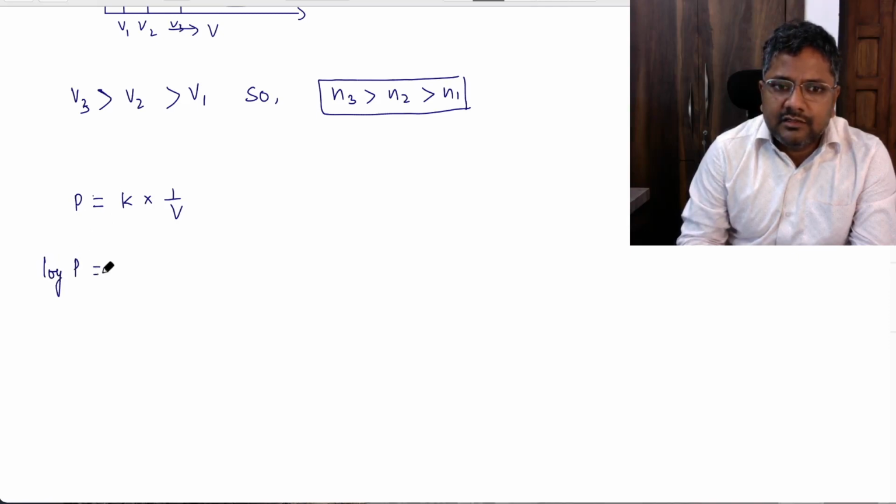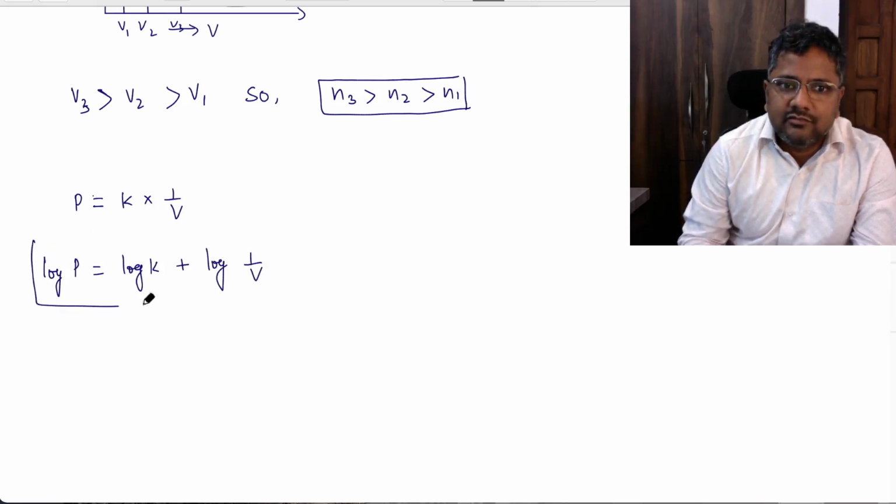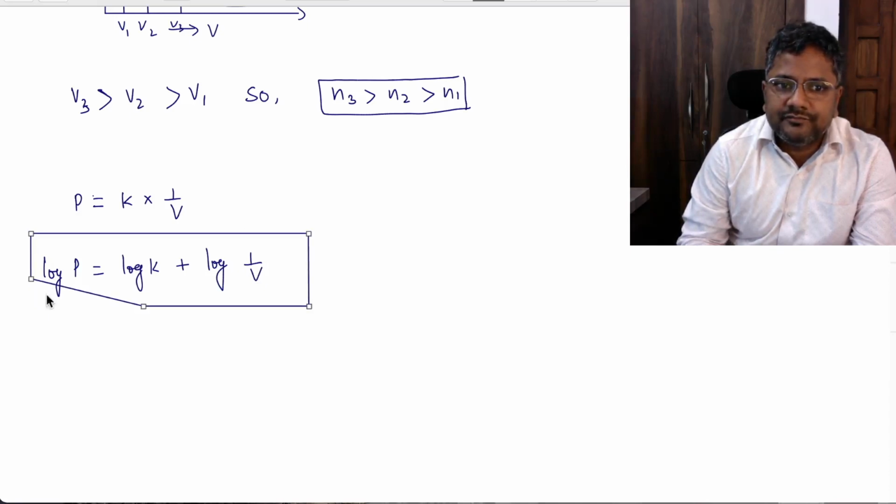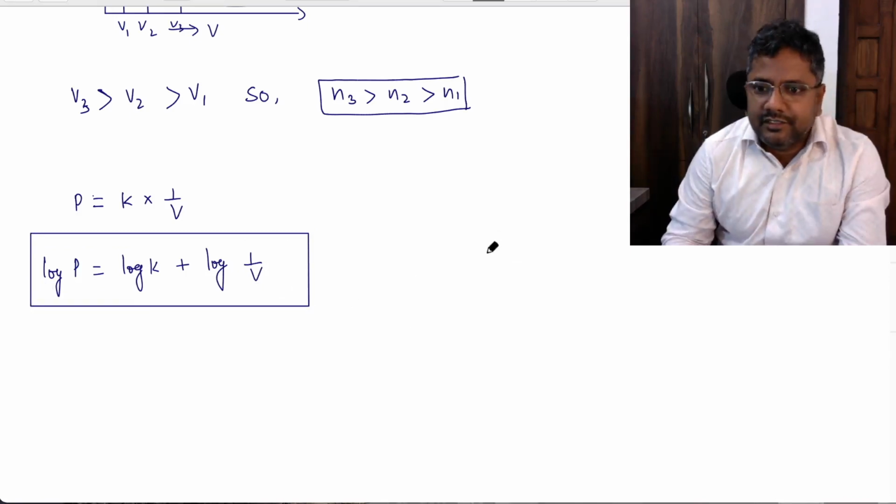So log P is equal to log K plus log 1 by V. So one more relation you can make. And if you plot, see, I'm just giving the idea. All of you know much more mathematics than me, right?